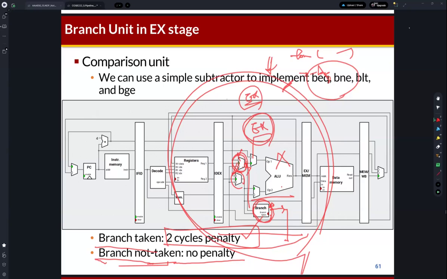So this branch instruction is taken multiple times, which means clock cycles are wasted multiple times. And then this performance overhead is not small. So branch instruction is very critical in CPU performance, right?